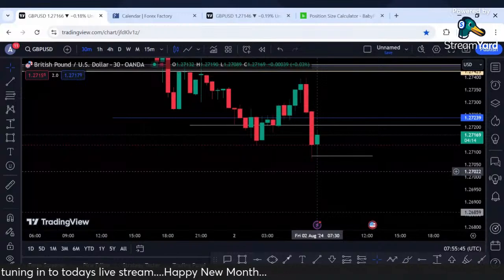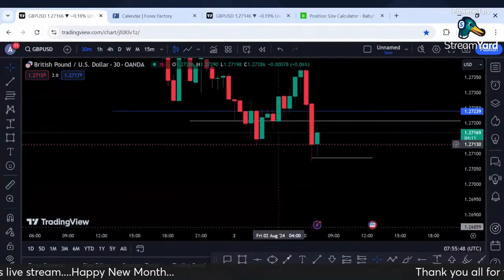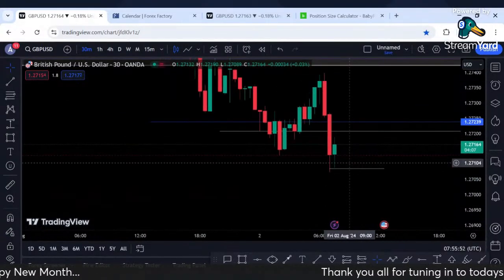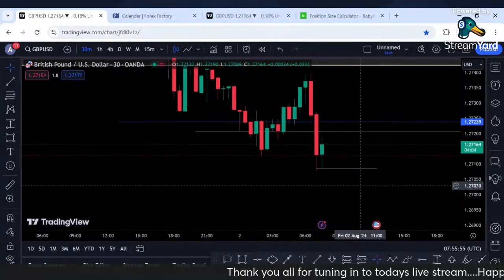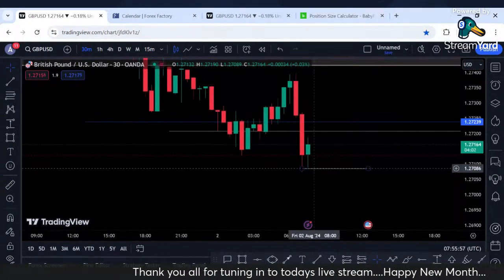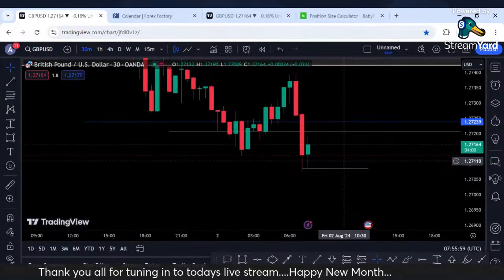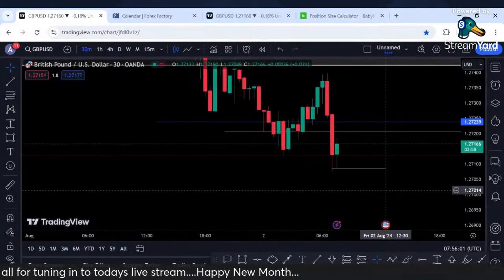This is what I'm expecting. If it flips strong bullish candle and the next candle flips bearish, that's exactly what I'm expecting in the market.